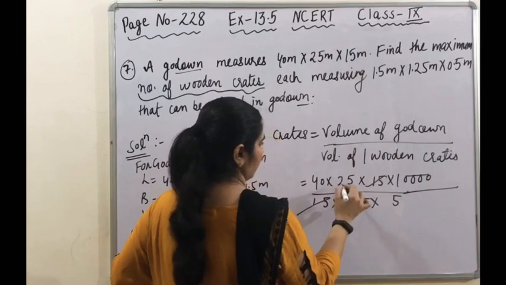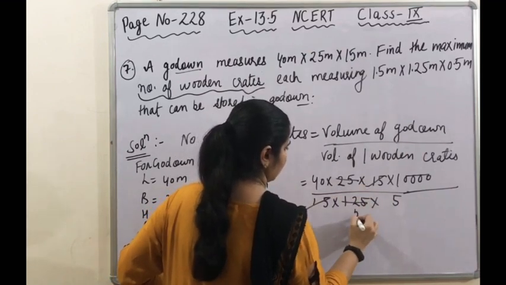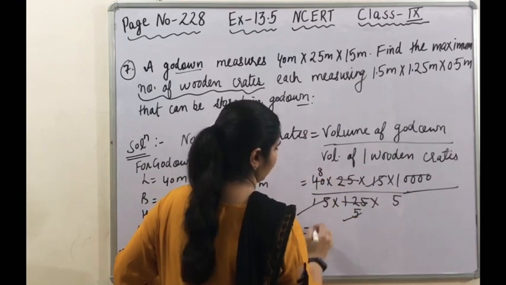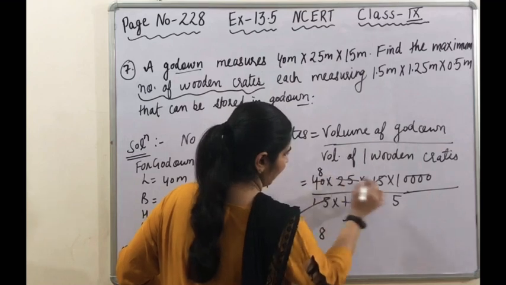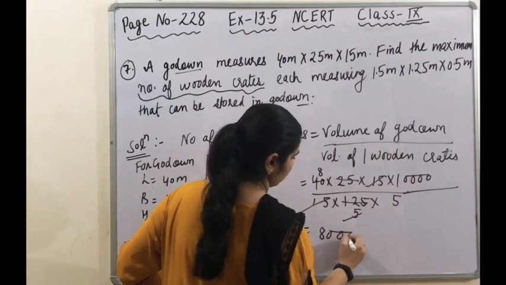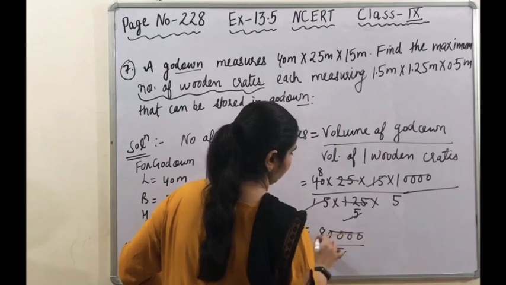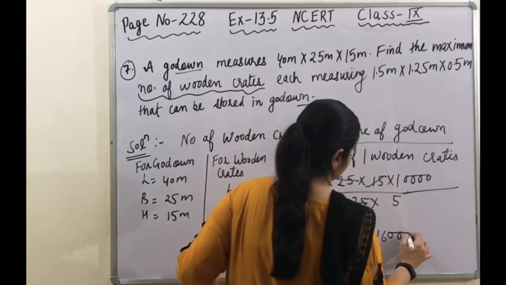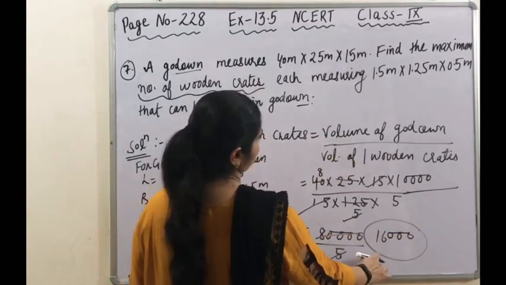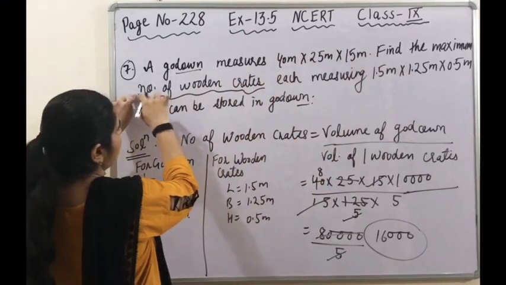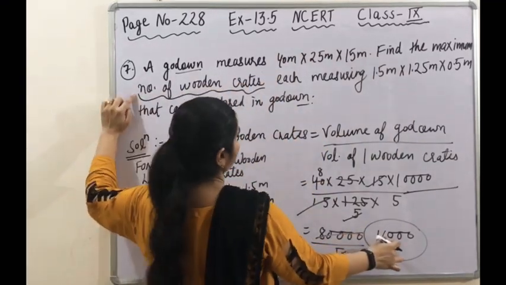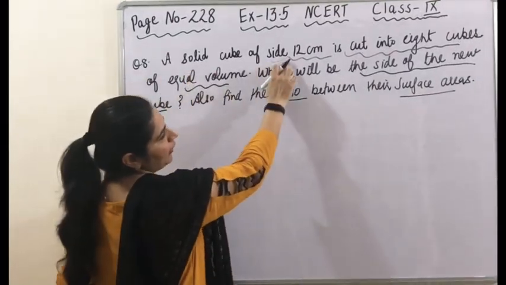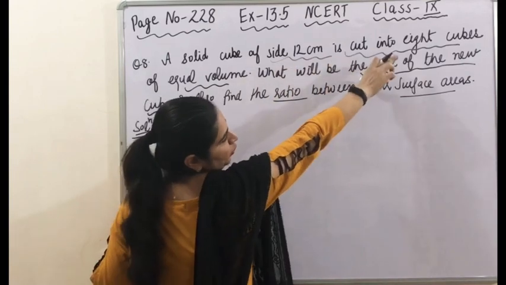This is 5. 5s are 25, 5s are 125, 5 8s are, and here in the numerator now it is 8, 1, 2, 3 and 4 zeros divided by 5. 5 and 80 will be cancelled. 16s are and 3 zeros, 16,000. So the question was to find the maximum number of wooden crates. Therefore, 16,000 wooden crates.